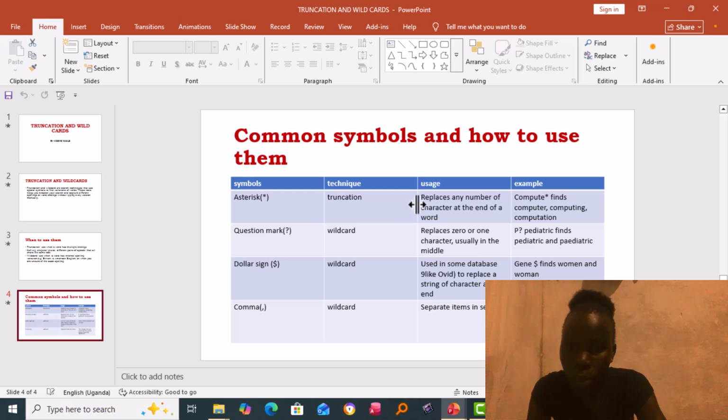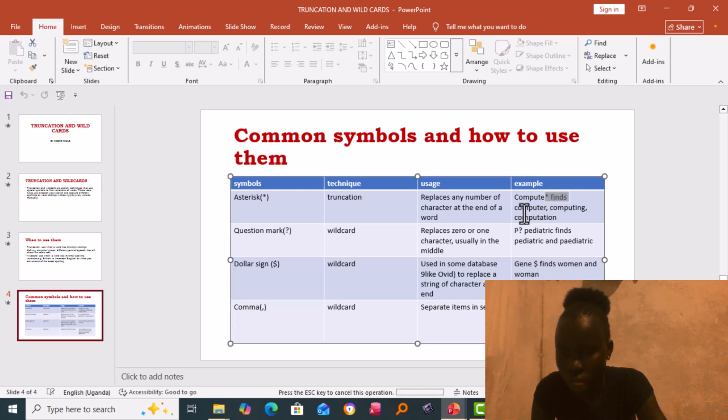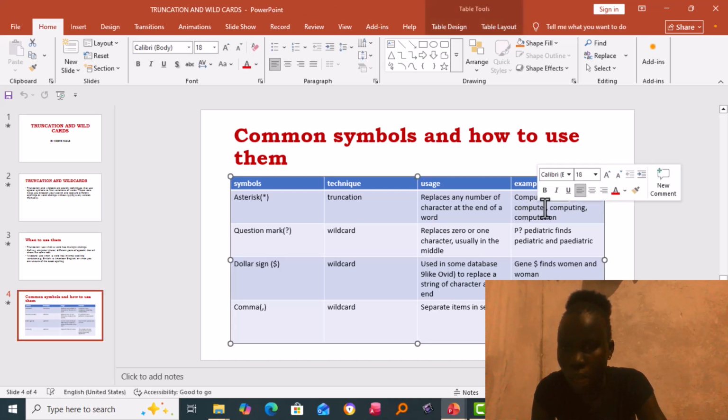It replaces any number of characters at the end of a word. For example, comput* can give you computer, computing, or computation. You can use this when you are unsure of the spelling, and you still get the answers.